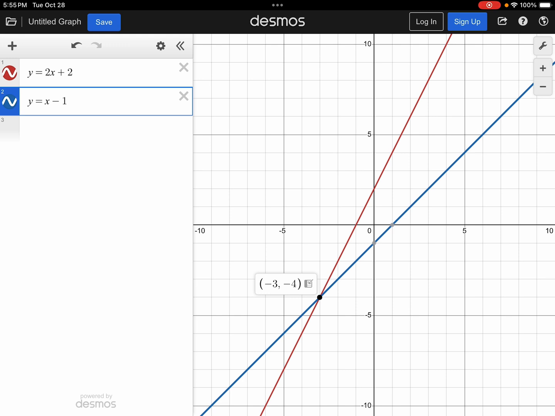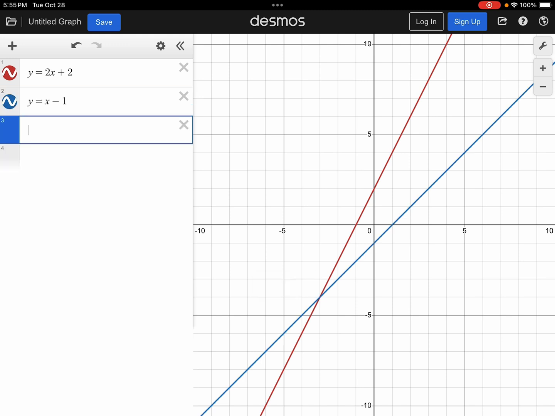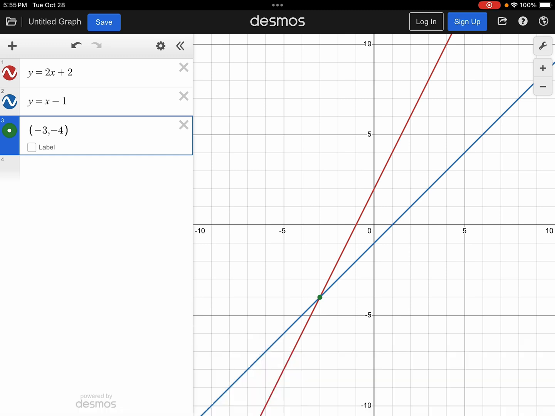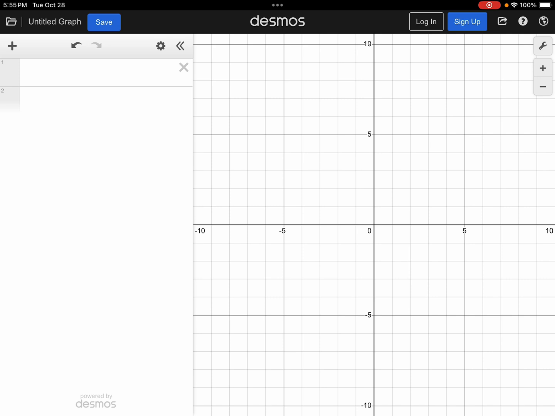So here, these two equations have a solution of -3, -4, okay? And so again, all you have to do is click on that dot and it will automatically give you your answer, okay?